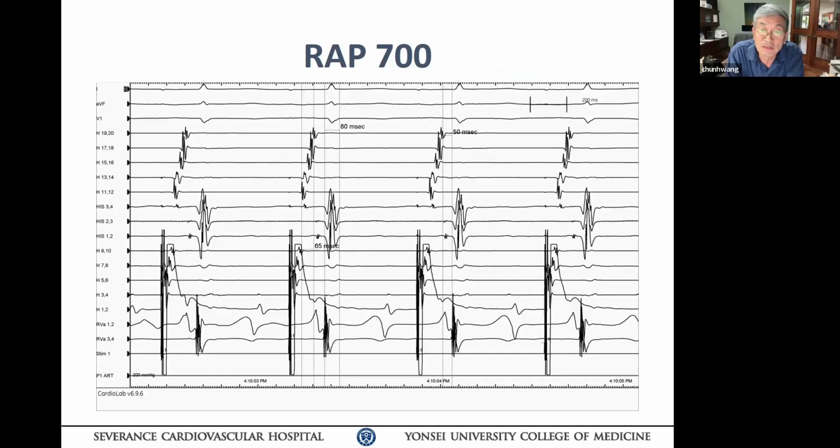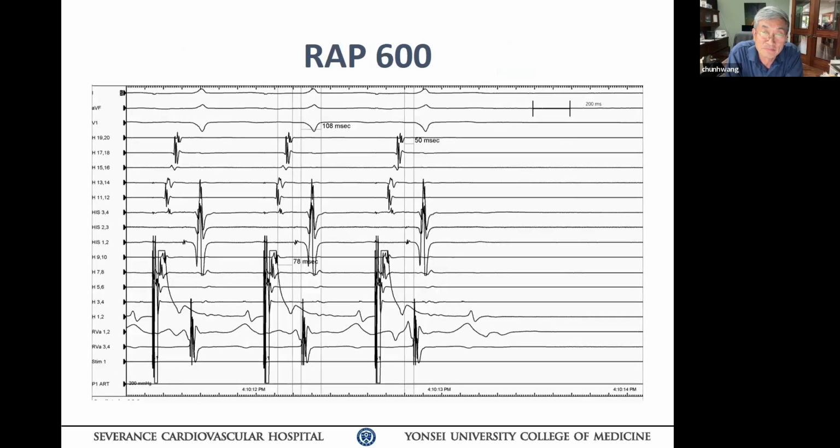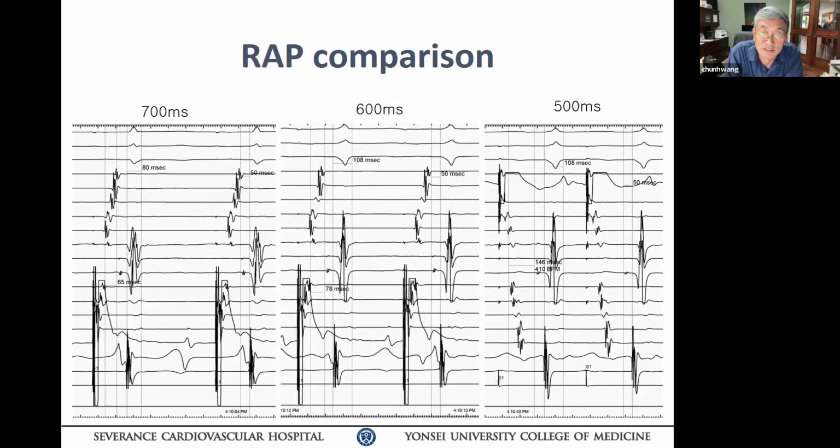Okay, so HRA pacing. Pay attention to the His bundle activation, right? Beautiful, 3-4, 2, 3, 1, 2, right? That's appropriate. All right, keep going. Same, keep going. It's all the same, right? Look at your 500 millisecond pacing.